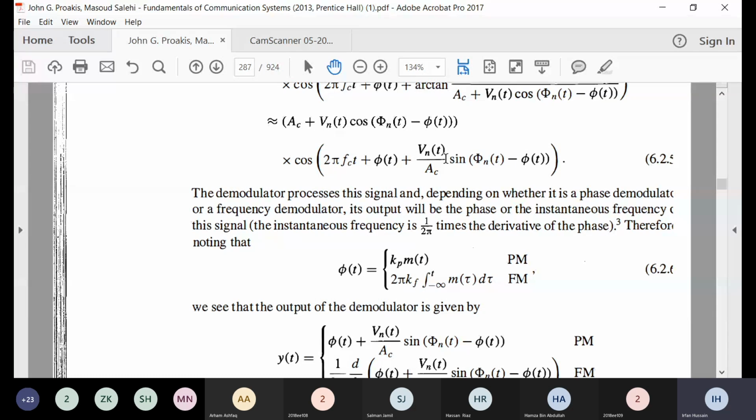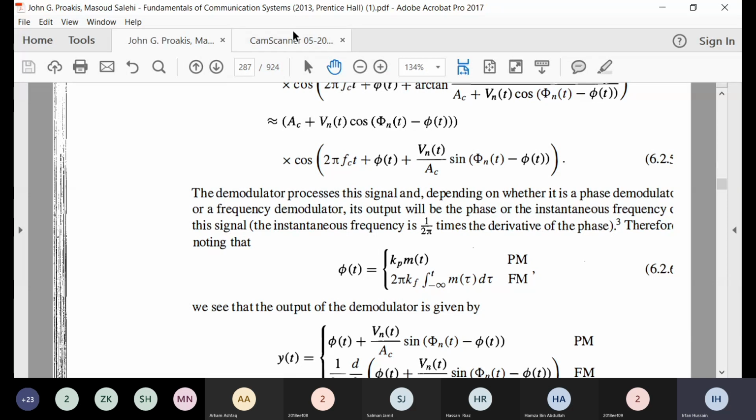So the demodulator for a PM will give you the phase because the message is contained in the phase. While the demodulator of the FM, okay, will actually give you the derivative of the phase, or 1/2 pi derivative of the phase, because 1/2 pi derivative of the phase is actually the message signal.